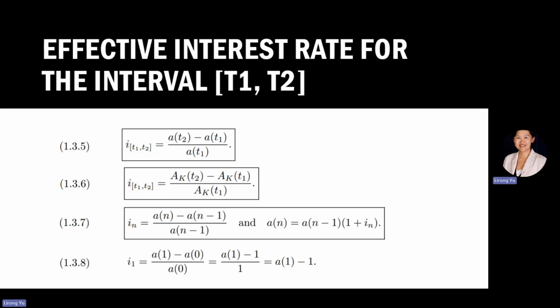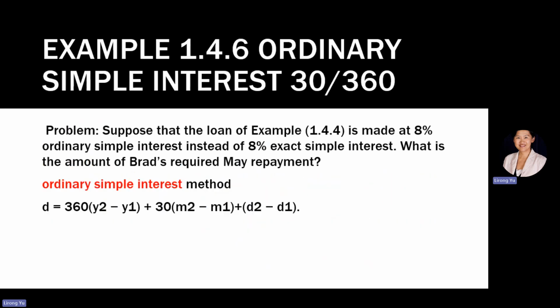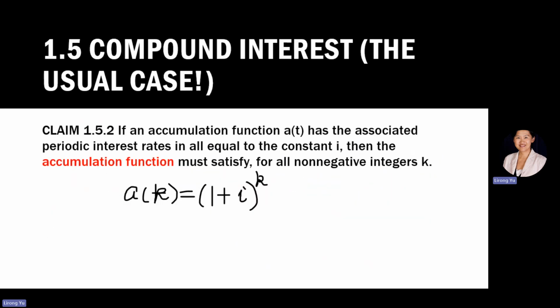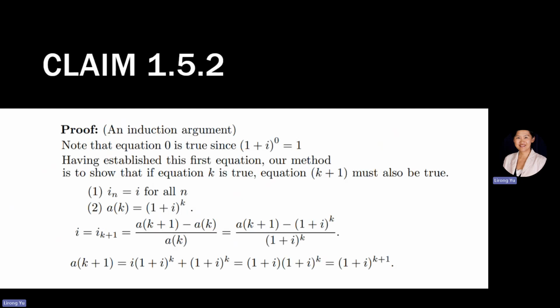And that's true for the compound interest example. And this is what we're trying to prove over here, saying if the accumulation function has a periodic interest rate and they're all equal to a constant number I, then the accumulation function would be this. Right? And then the following proof is trying to verify this. And we're trying to look at the interest rate for all time periods.